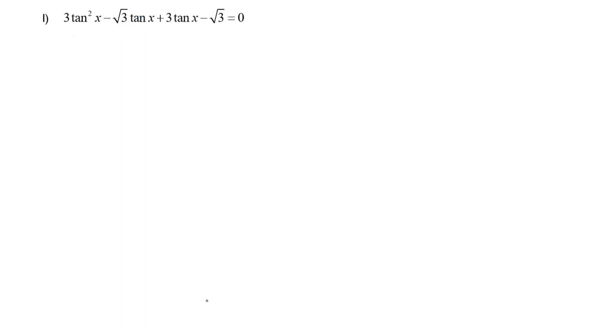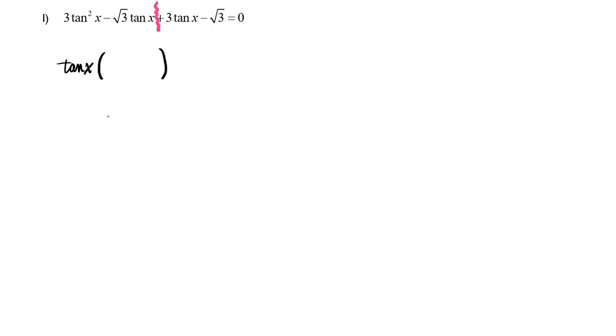In this last example, we have 3 tangent squared x minus root 3 tangent of x plus 3 tangent of x minus root 3. Since there are 4 terms in this statement, I'm going to try factor by grouping first and see if it works. In the first 2 terms, I have a tangent of x.